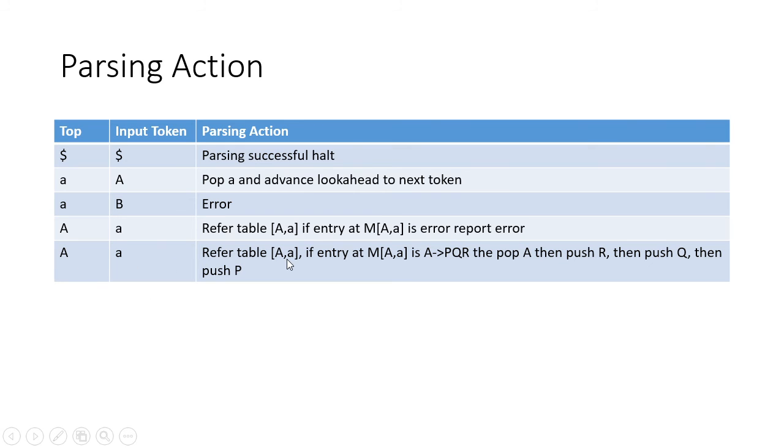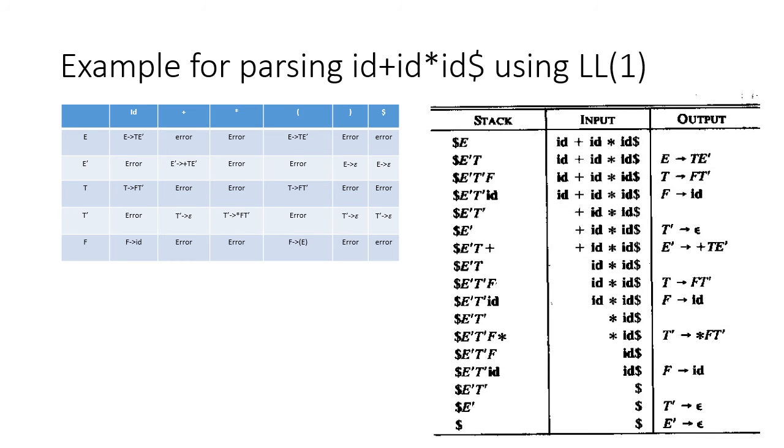In the other case, if the entry at M[A, a] is a production A derives P Q R, then take A out from the stack and push R, Q, then P onto the stack. So that means you go in reverse: we push R, Q and P into the stack in reverse order. Now to understand this, let's look at an example for it.